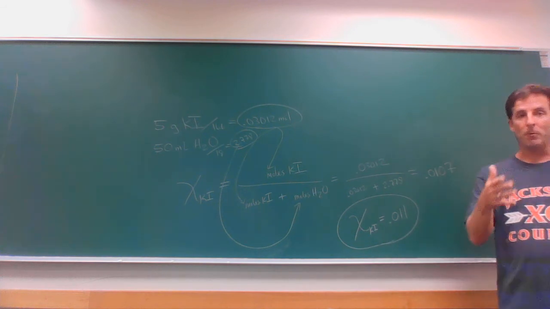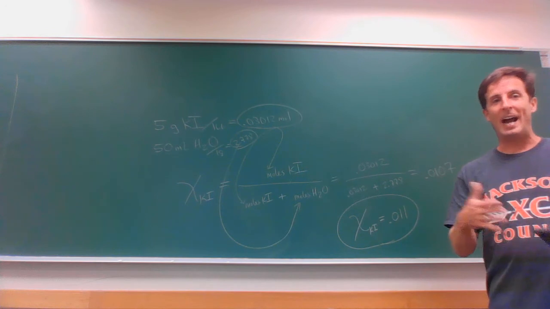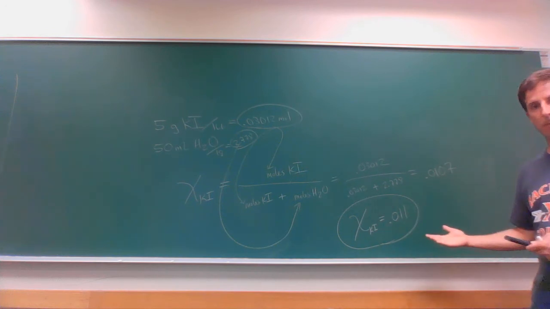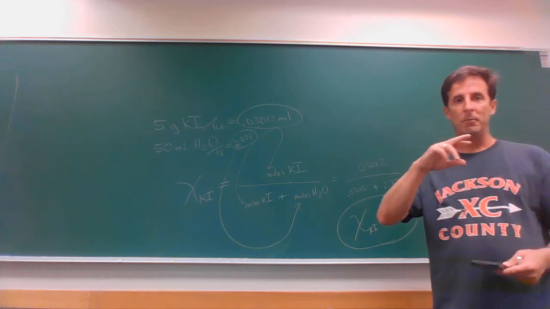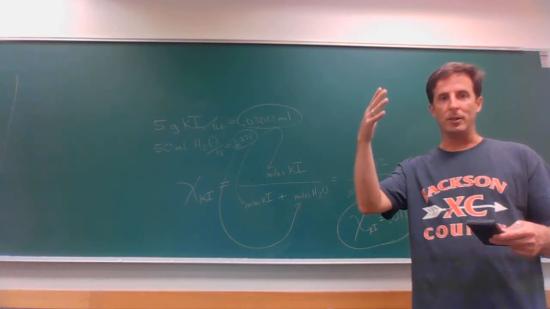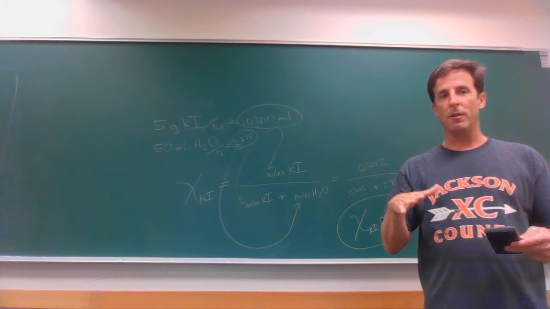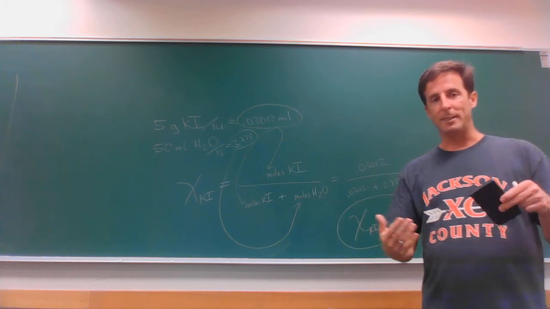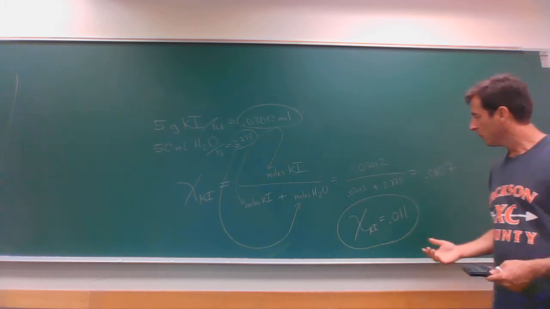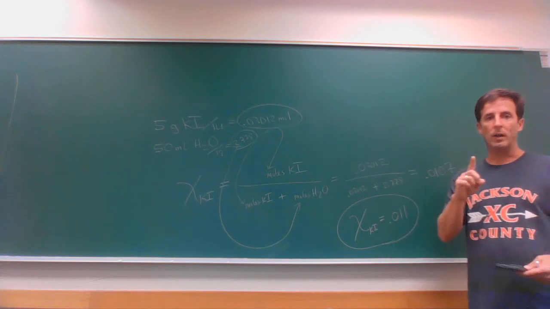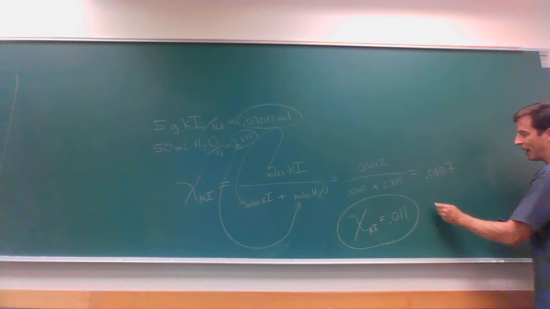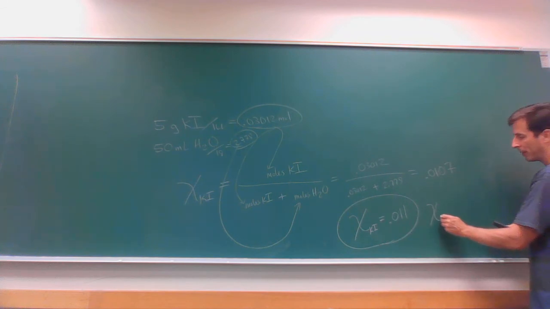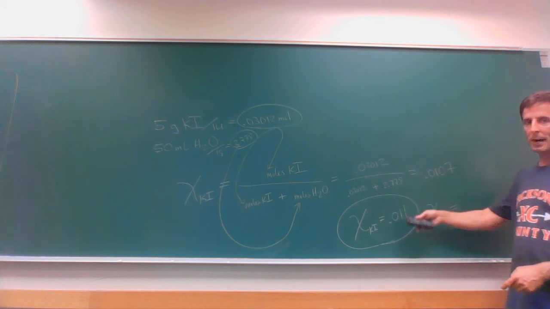Now, a trick about mole fraction: if they asked you for the mole fraction of water, it's kind of like if you have 2 percentages, percentages always add up to 100. So if one percentage is 40%, the other one has to be 60%. With mole fractions, they always add up to 1. So if the mole fraction of KI is 0.011, and I wanted the mole fraction of the water, I know it's going to be 1 minus that.